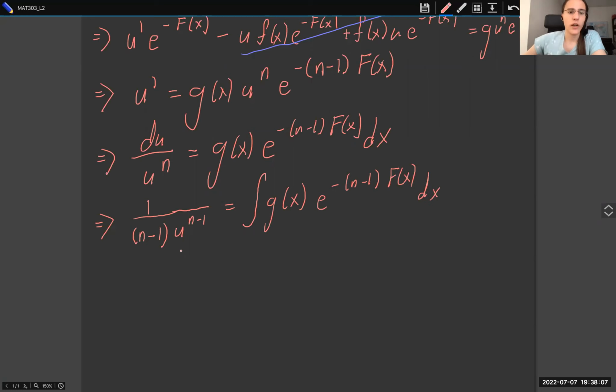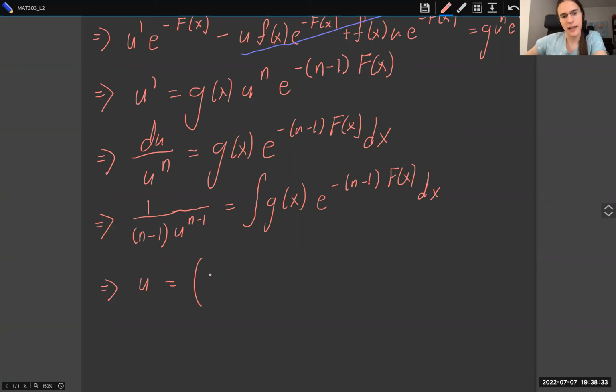And so what we're going to do is bring this here, bring that down, and take everything to the power of 1 over n minus 1. So as a result, we get that u is equal to, and then this is going to be in the denominator, so we're basically going to flip it to get 1 minus n.